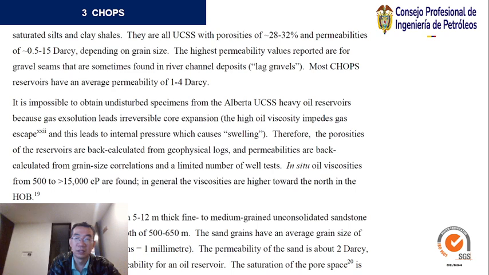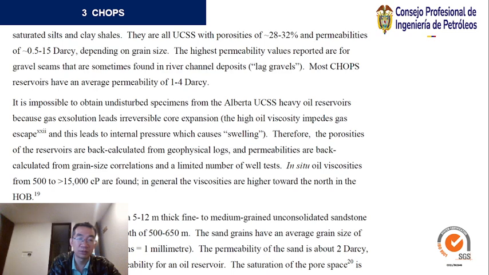Therefore, the porosities of the reservoirs are back calculated from geophysical logs, and permeabilities are back calculated from correlations and a limited number of well tests.